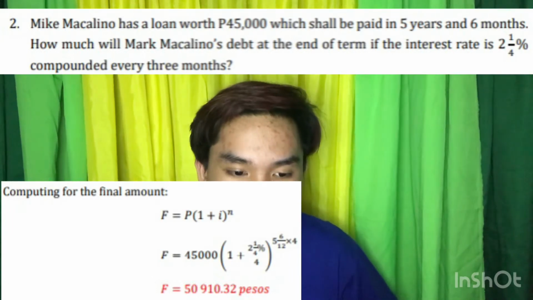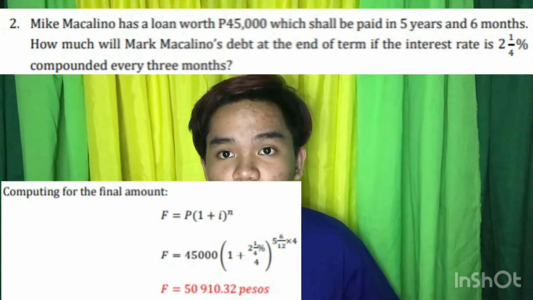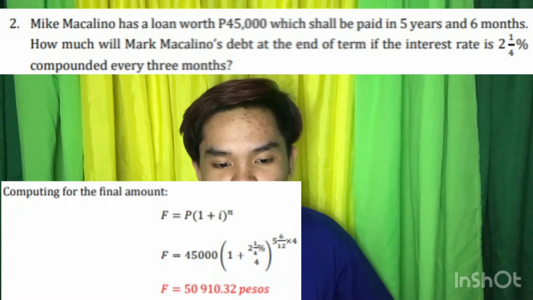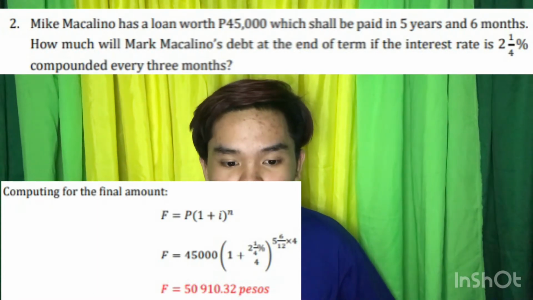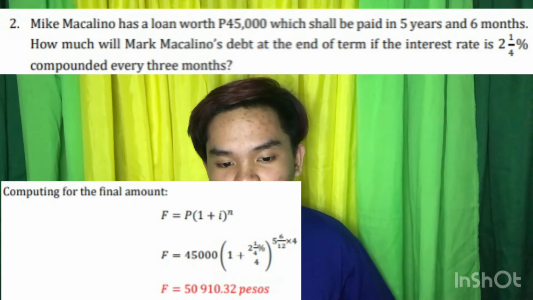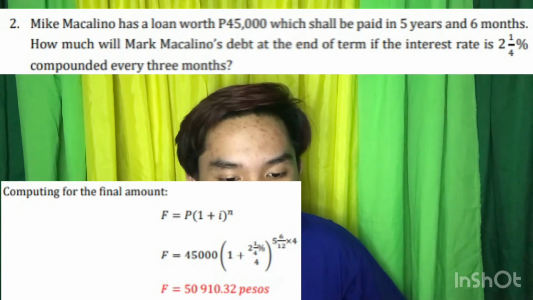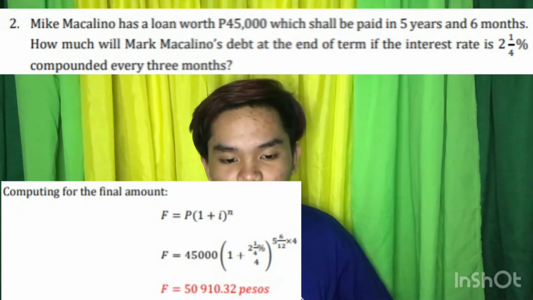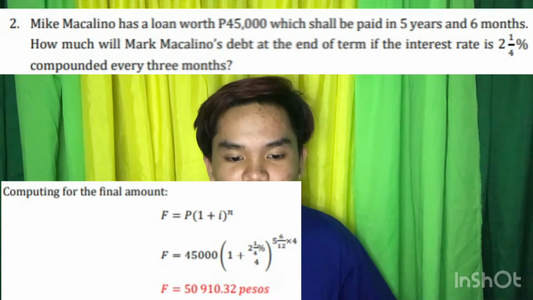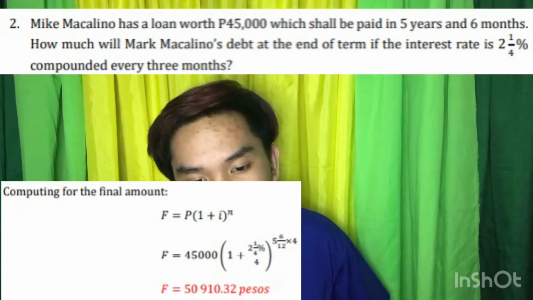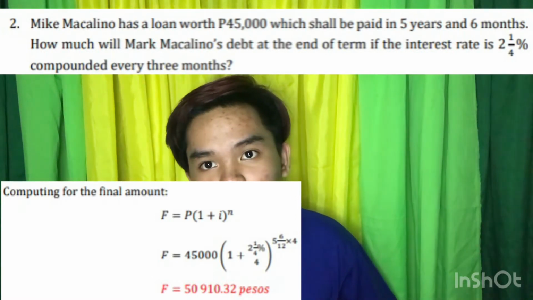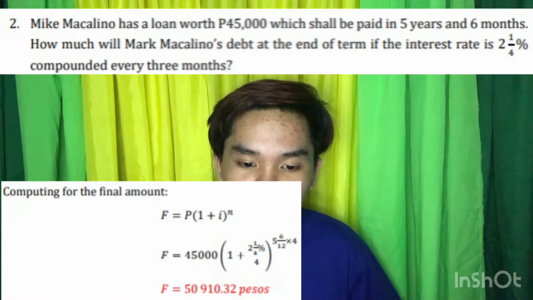So, as we compute for the final amount, kasi final amount po yung hinahanap natin, F is equals to P, 1, multiply to 1 plus interest rate and the notation N. So, our principal is 45,000 and we multiply 1 and ang value ng interest rate natin is 2 and 1/4% over 4.